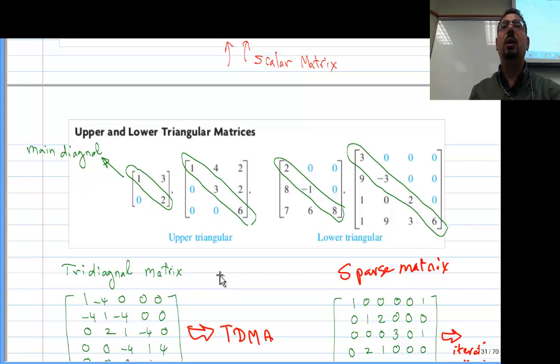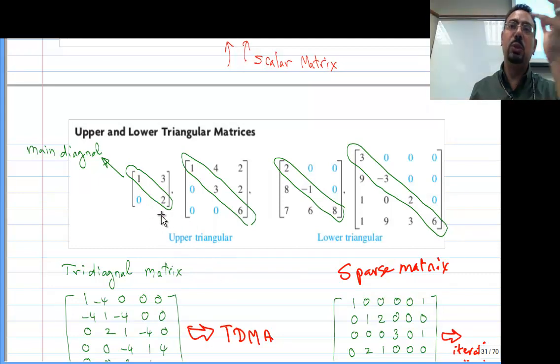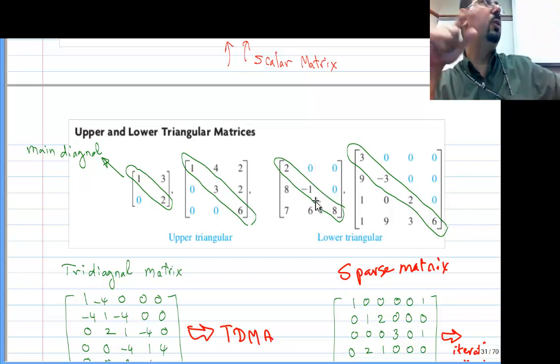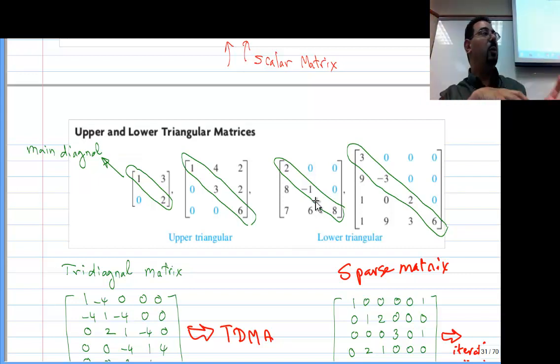Alright. So this is not a diagonal matrix, but it almost looks like a diagonal matrix. These are called triangular matrices because they have the diagonal and either the upper or the lower part filled with numbers, and the rest is zeros. In your homework today, you will try to turn one of the matrices into a triangular matrix.